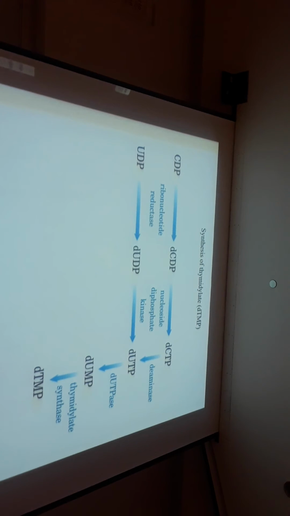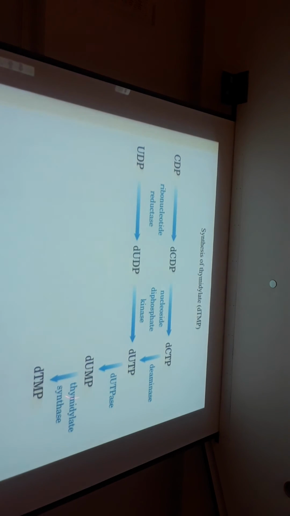Just talk about how ribonucleotide reductase can convert this into the corresponding deoxyribonucleotides that could be used for DNA synthesis. They can also be phosphorylated to convert them to the triphosphate. A deaminase actually can also convert CTP to dUTP. We can cleave off also phosphates.